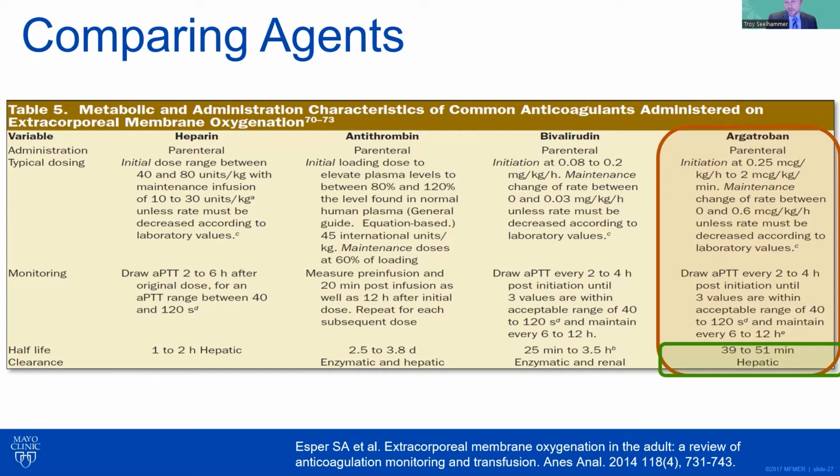And unfortunately for ECMO patients, both VA and VV, there are a lot of reasons that hepatic function can fluctuate in real time, markedly impacting the metabolism of argatroban-based therapy.